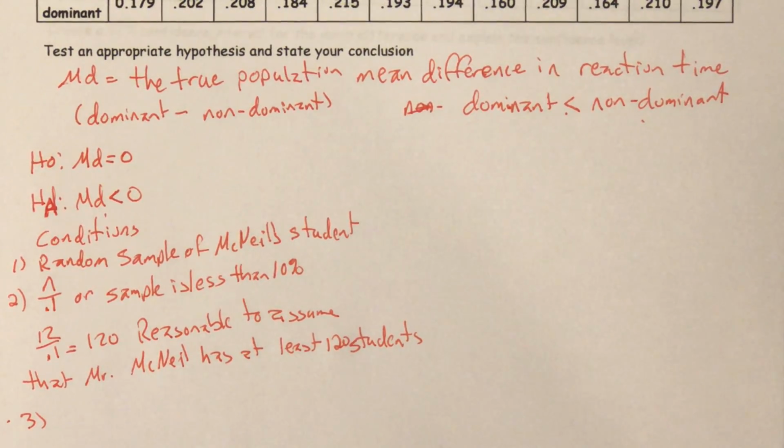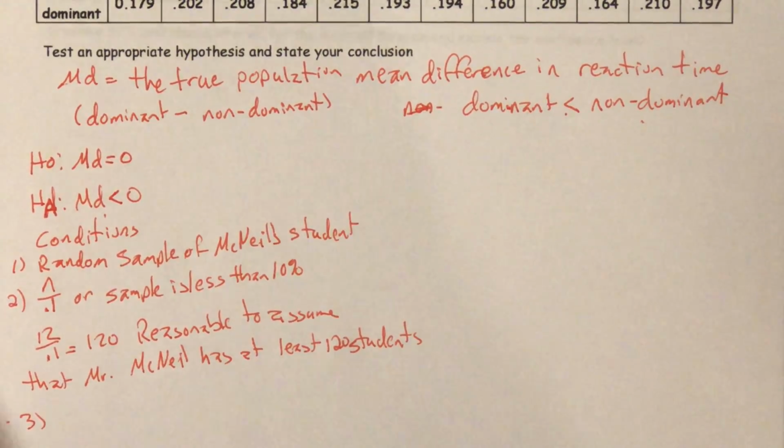All right. The next thing we need to worry about is whether or not our data is normal. They didn't tell us the underlying data is normal, and we don't have a sample size of 30, so we have to check whether or not it's normal. What I'm concerned about being normal is the differences.